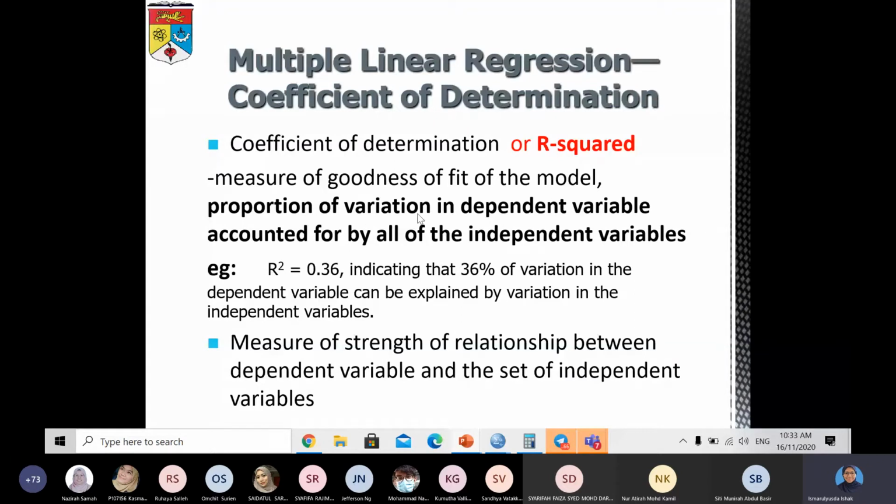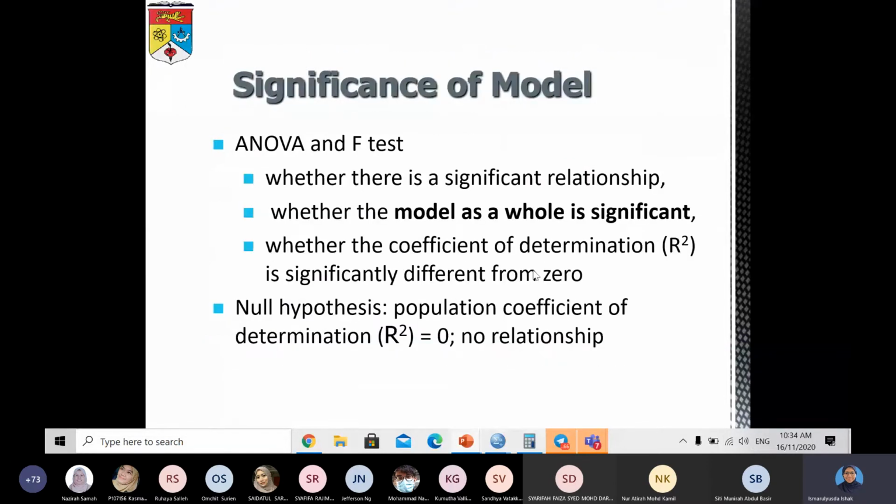If 0.36, it indicates that 36% of variation in the dependent variable can be explained by variation in the independent variables. It is a measure of strength of relationship between the dependent variable and the set of independent variables.